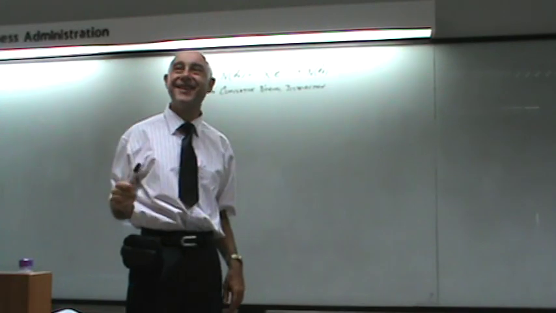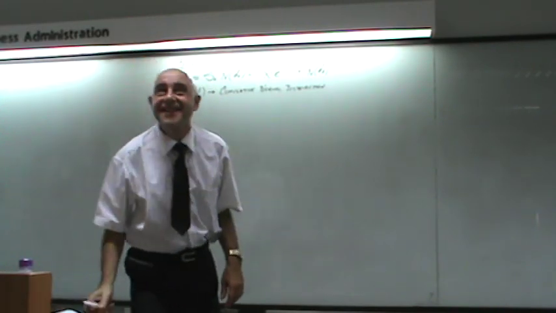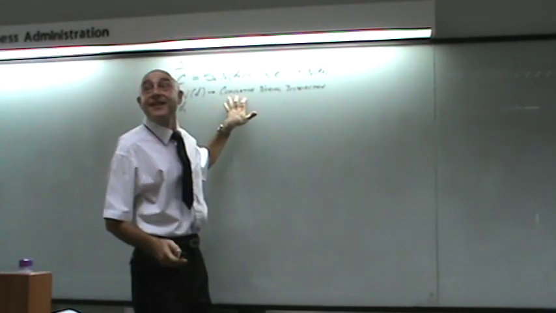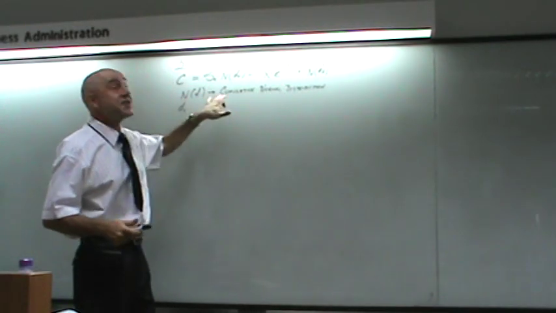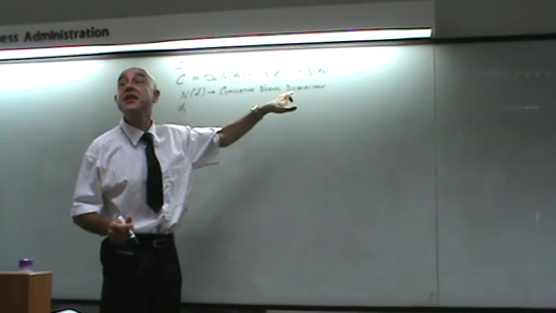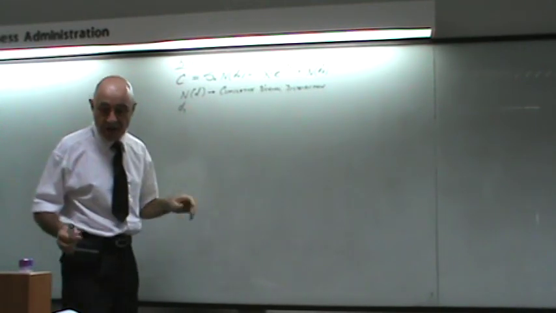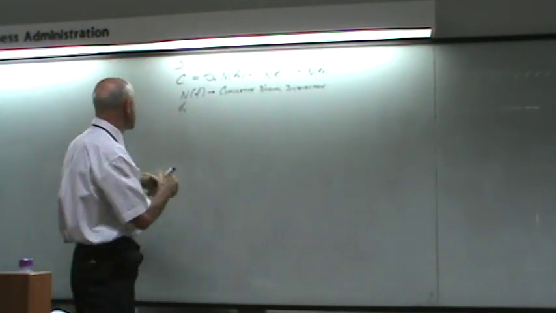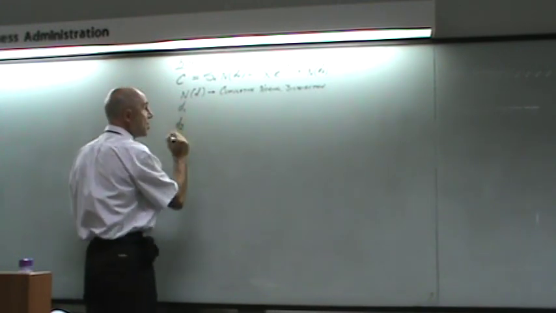So again, N is the cumulative normal distribution. I'll explain it in a minute. D1 and D2 are special terms.